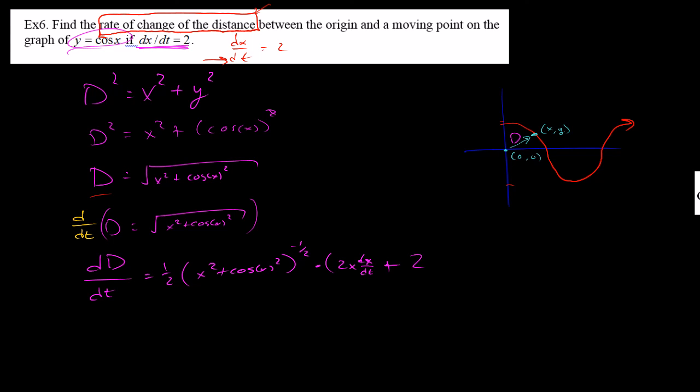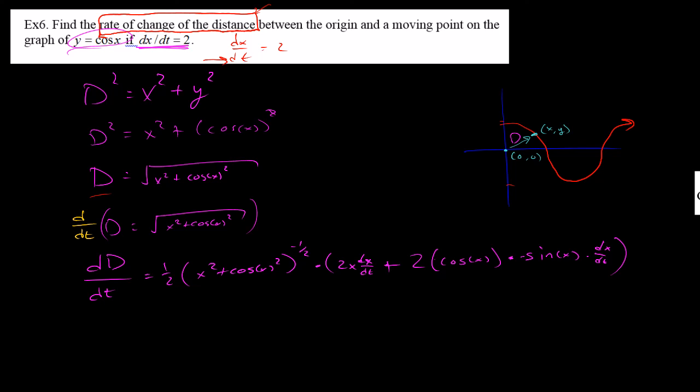So the outside is 2 cosine x. Then we need to multiply by the derivative of the inside, which is negative sine x, times the derivative of the inside, which is x, so we get dx dt. So there we go, our whole shebaggle.